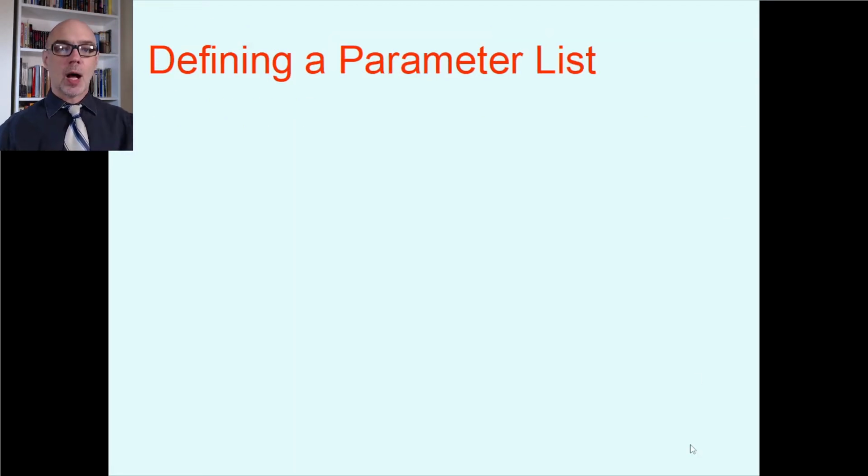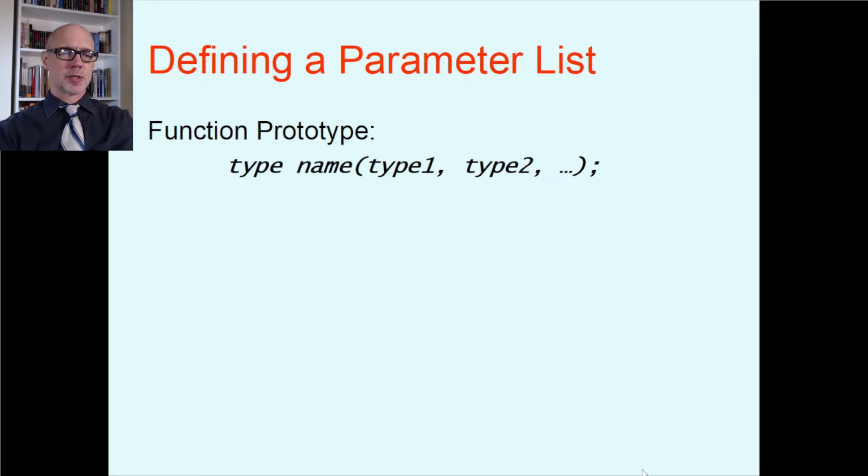Okay, so how do you do that? You're going to modify the signature to your function every place it occurs. Remember, there's going to be 3 places at least where that occurs. So in the function prototype, you're going to have the return value, and again, we're going to talk about that mostly later, the name of your function, and then you just put down the types of data that come in.